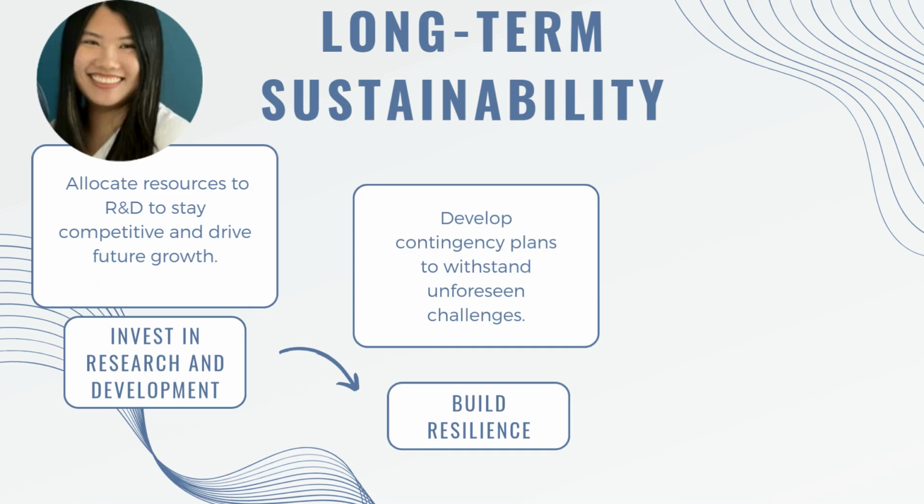And how you achieve it is that you develop contingency plans to withstand unforeseen challenges, and this involves proactive planning for potential risks such as economic downturns, supply chain disruptions, natural disasters, or changes in regulation. Contingency plans might include backup suppliers, financial reserves, or alternative operational strategies.